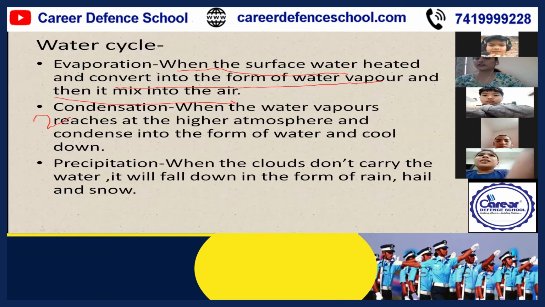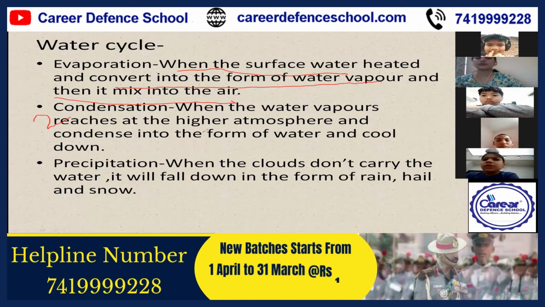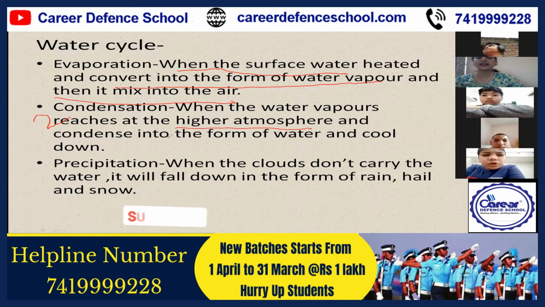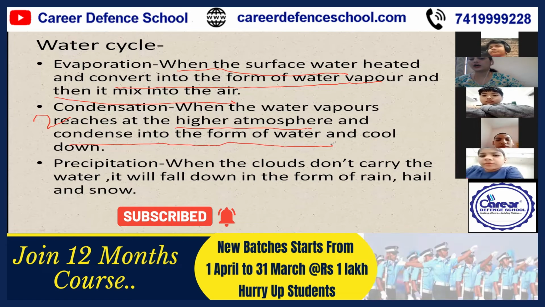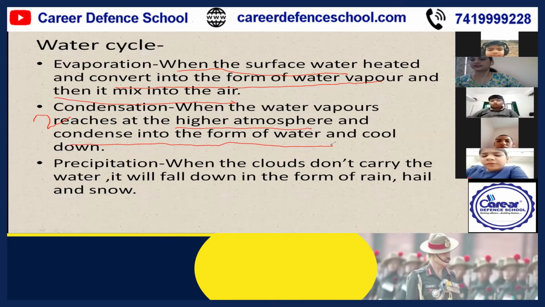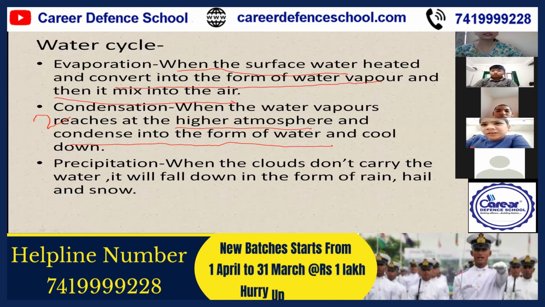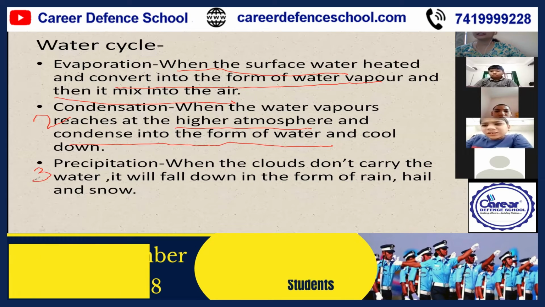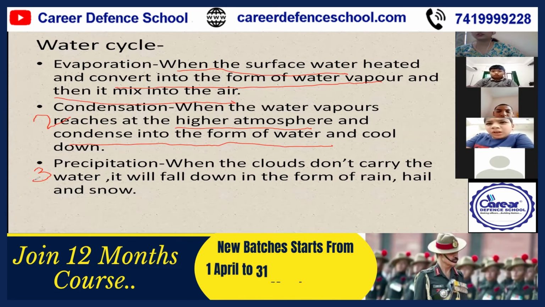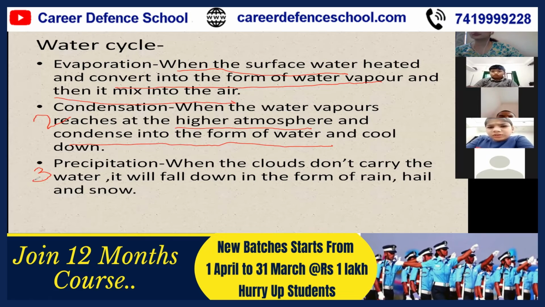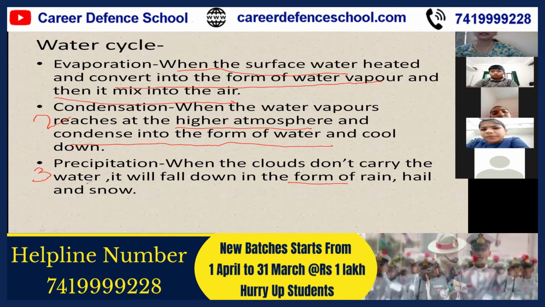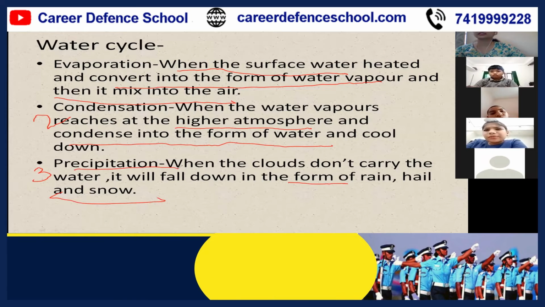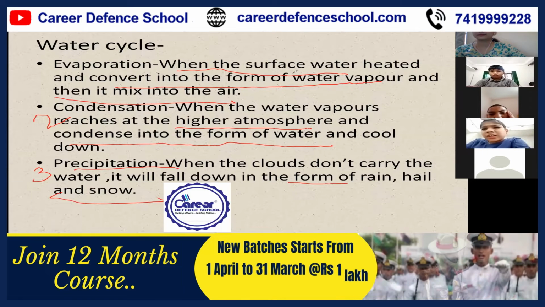When these water vapors go into the higher atmosphere and condense into the form of water and cool down, that process is called condensation. Third process is called precipitation. When the clouds cannot carry the load of water, or when the clouds become too heavy, it will fall down in the form of rain, hail and snow, and this process is called precipitation.